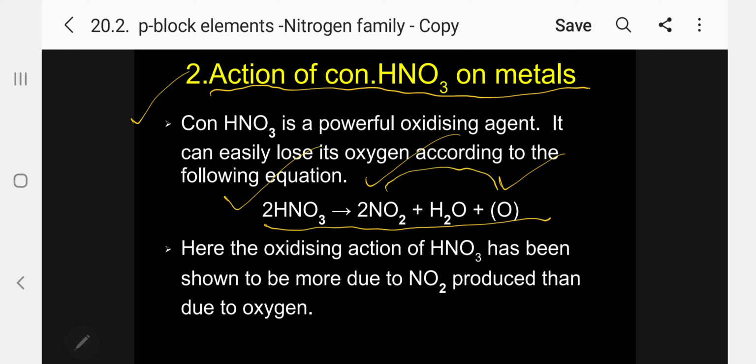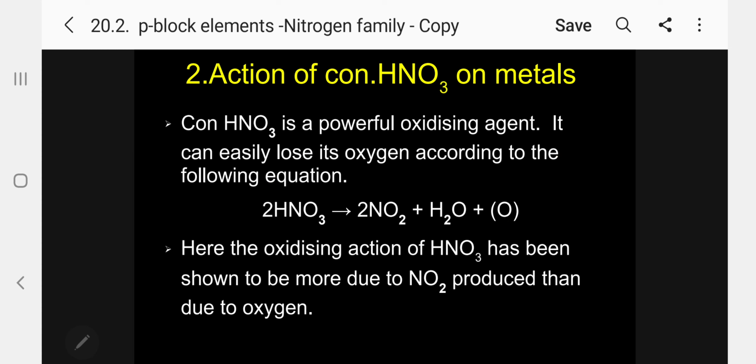Here NO2 is a powerful oxidizing agent. The oxidizing action of nitric acid has been shown to be more due to NO2 produced than due to atomic oxygen. Kindly memorize. Please follow.